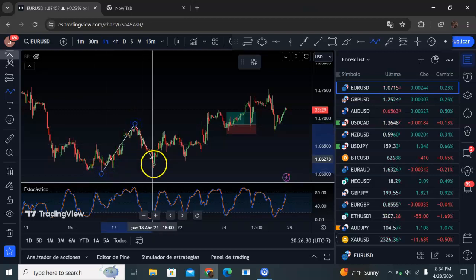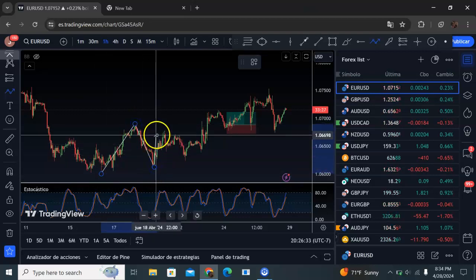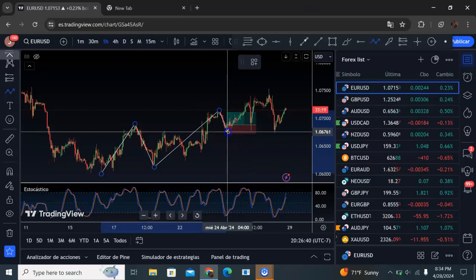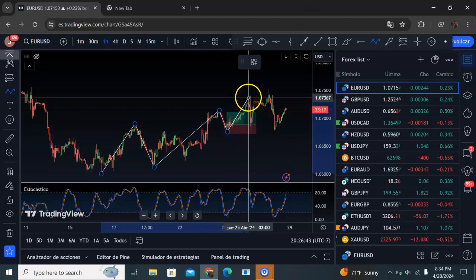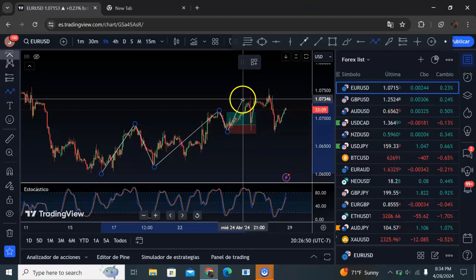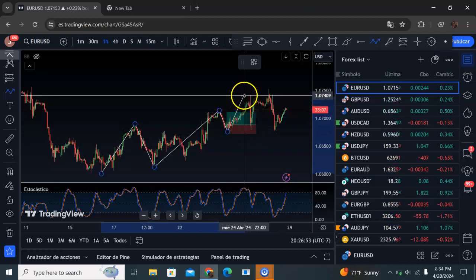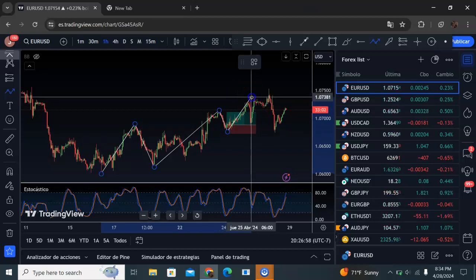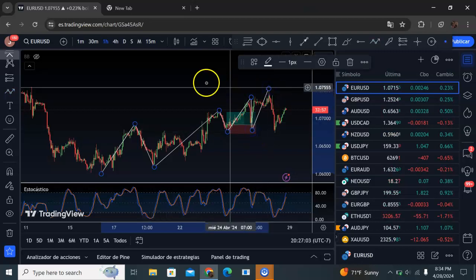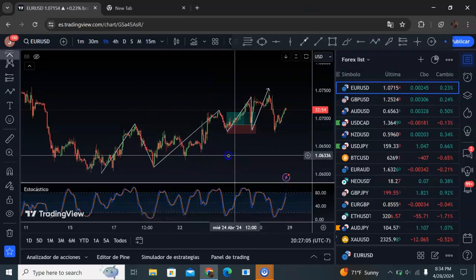Higher high, higher low, higher high, broke the structure right there, higher low, and here I know it went into a retracement, but in my opinion here, let's count it and see, we don't lose anything. And this is the new high. Okay, so 1 hour, that's what we got.